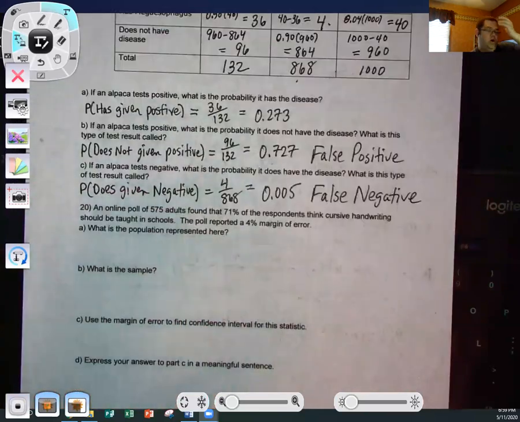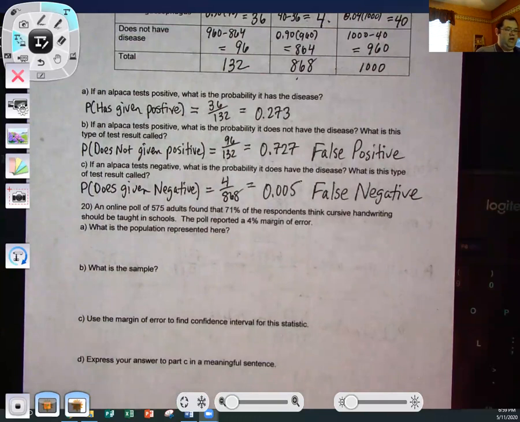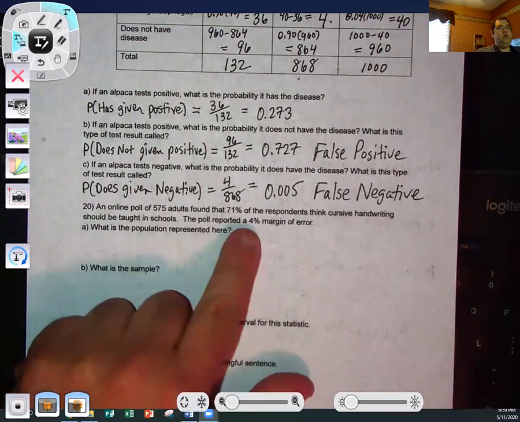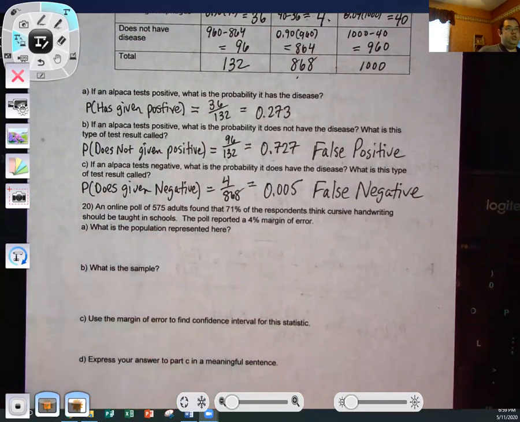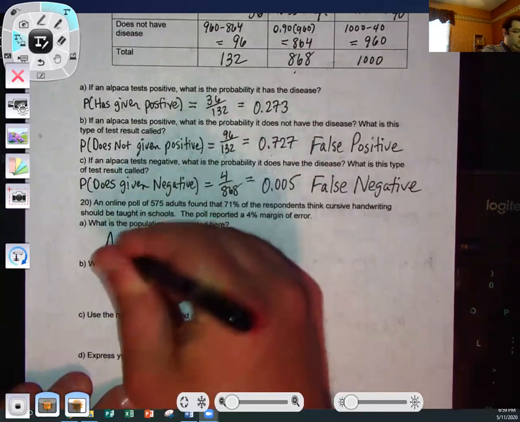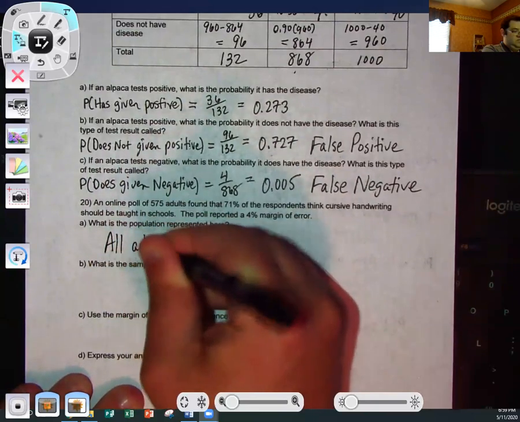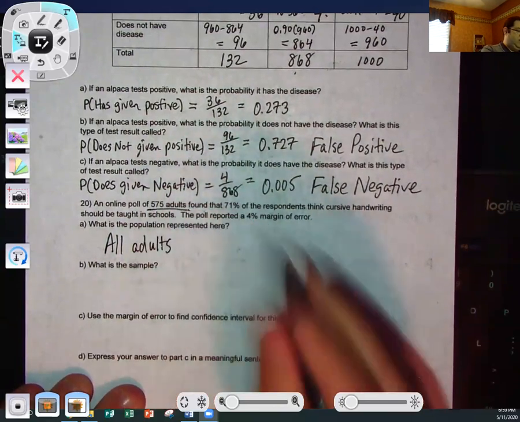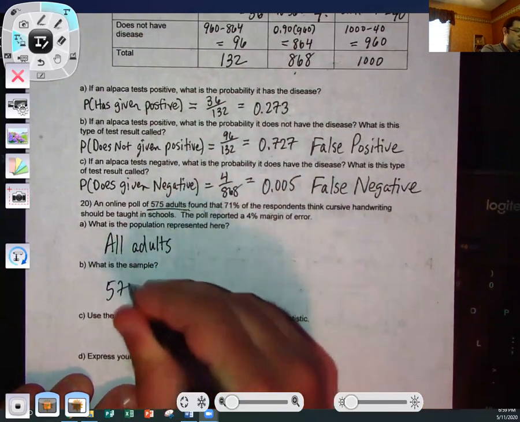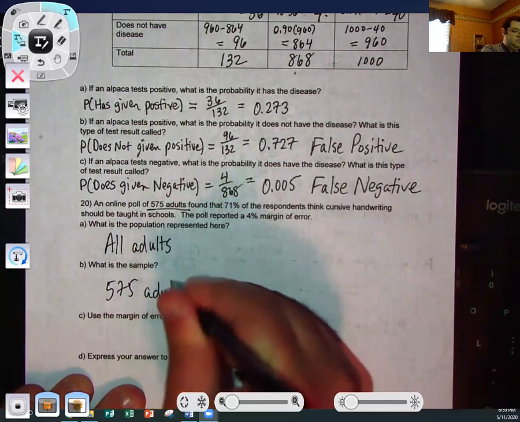All right, question 20. An online poll of 575 adults found that 71% of respondents think cursive handwriting should be taught in schools. The poll reported a 4% margin of error. So what's the population represented here? Well, it's all adults. And what's the sample? Well, the sample is how many that were surveyed. So it's 575 adults.